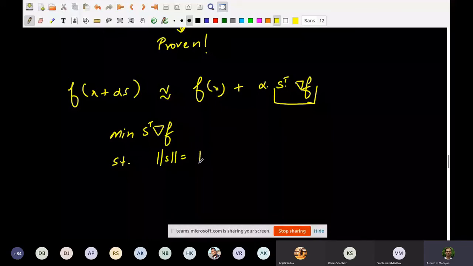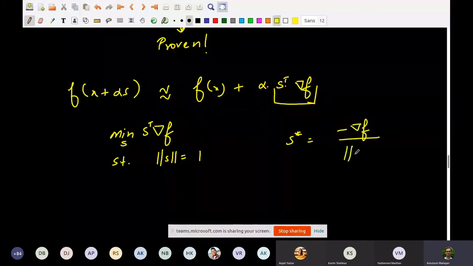This is an optimization problem over S. I'm trying to figure out the best possible direction. Grad f is given, right? It is known at the current point. If you solve this optimization problem, you would get S star to be minus gradient of f divided by the norm of gradient of f, so that it becomes a unit direction.